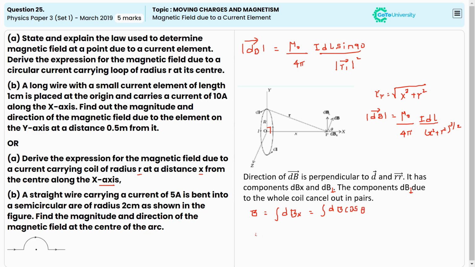Then vector B is equal to mu naught I r square divided by 2 times r square plus x square to the power of 3 by 2. Then we can write it as B is equal to mu naught I divided by 4r.